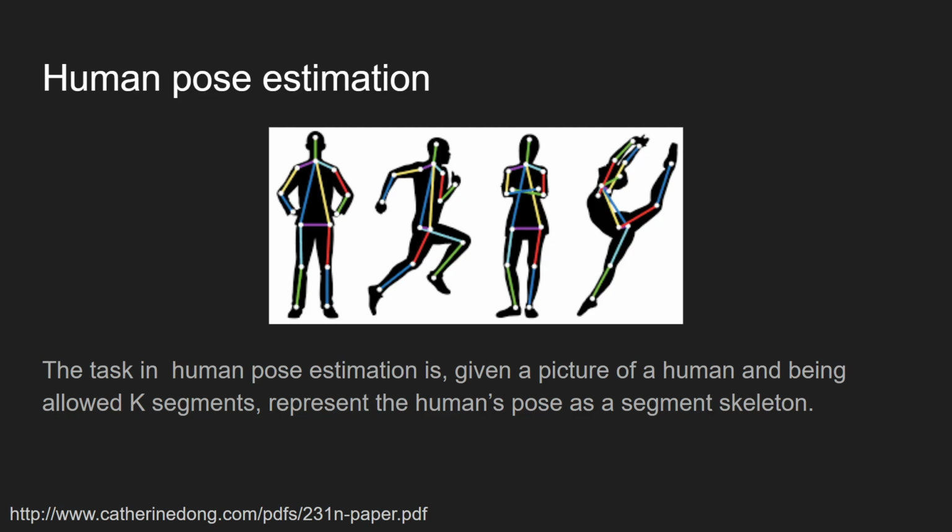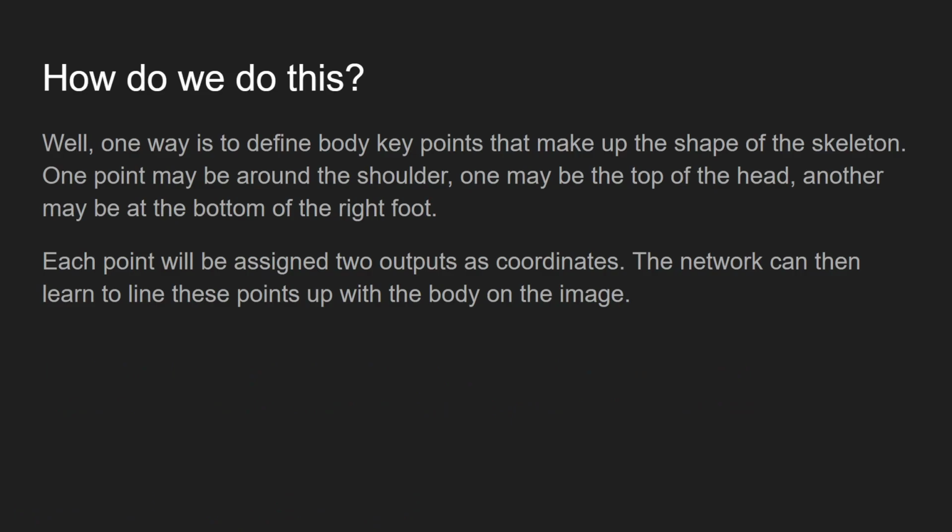Basically all you're doing is training your neural network to see that image and define the different points that make up those K segments. And it's able to do it pretty well just by that, just with the normal convolutional. Usually you will end up having other parts to it as well, but it can do pretty well just like that.